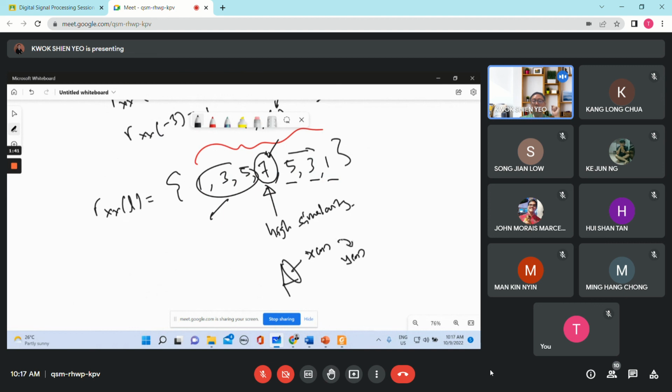Then you do the correlation between xn and yn, and you get a bunch of values using different L. Then you find that at a particular L equal to 10, the correlation is very high. There is a very high similarity of sequence at L equals 10, so you know that there is a time delay of 10 units before xn returns.